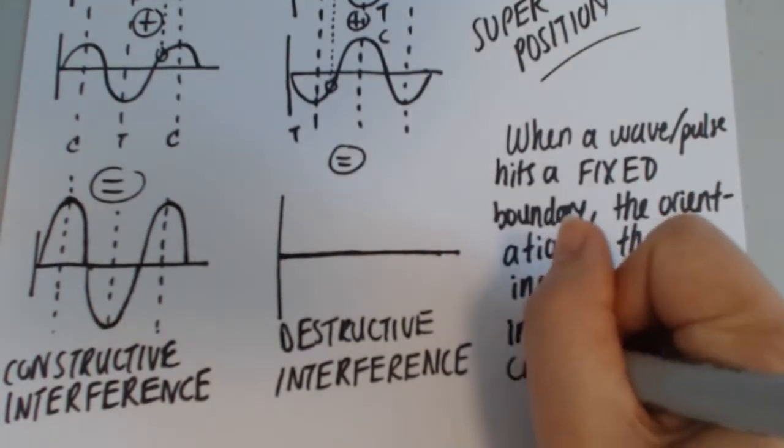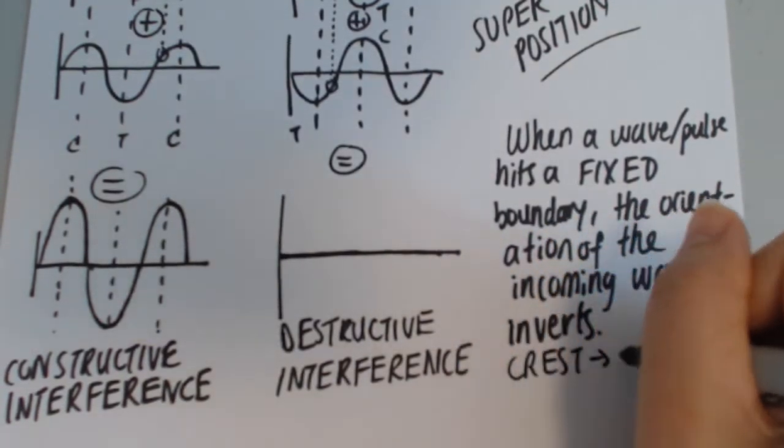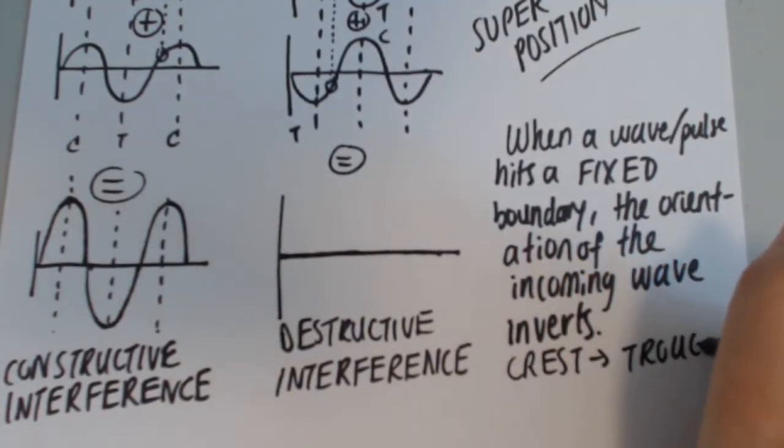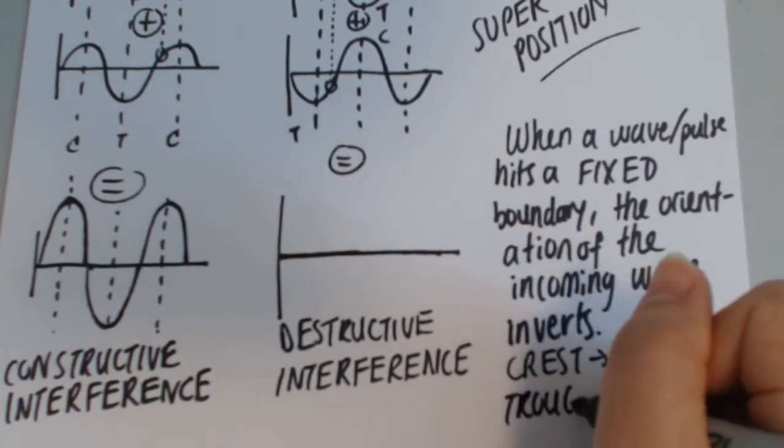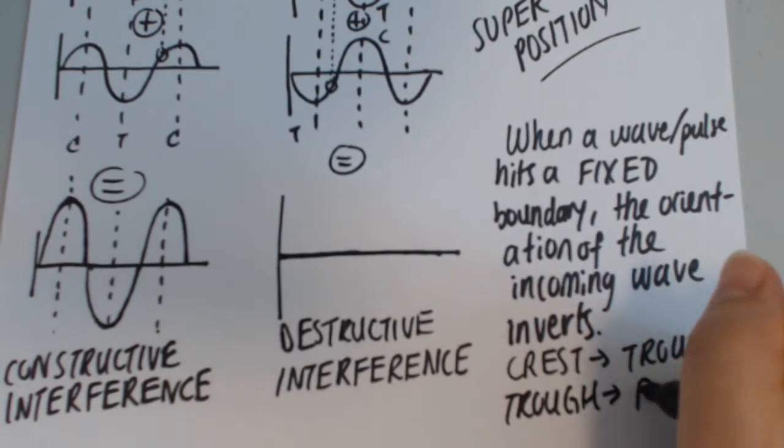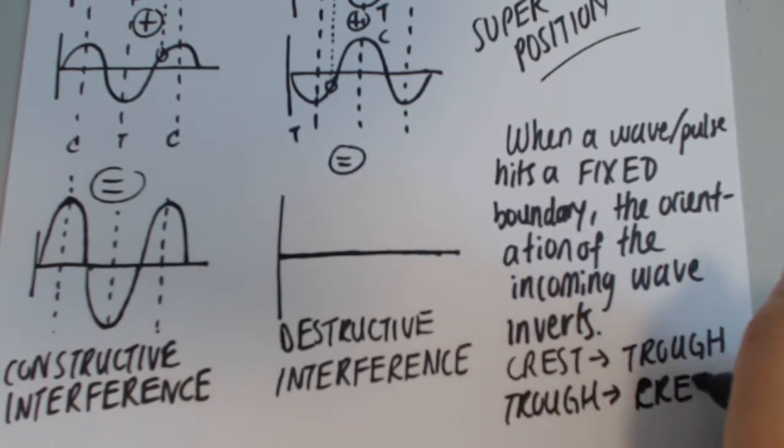So that means if it's coming in as a crest, it will invert and reflect as a trough. If it comes in as a trough, it will invert and reflect as a crest.